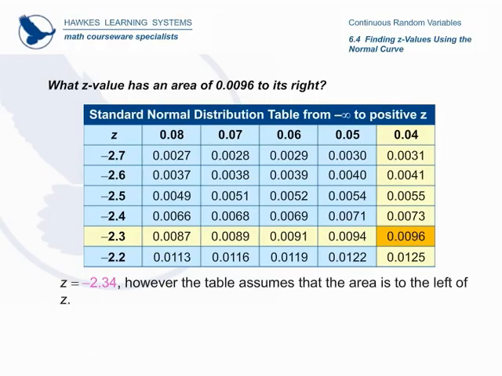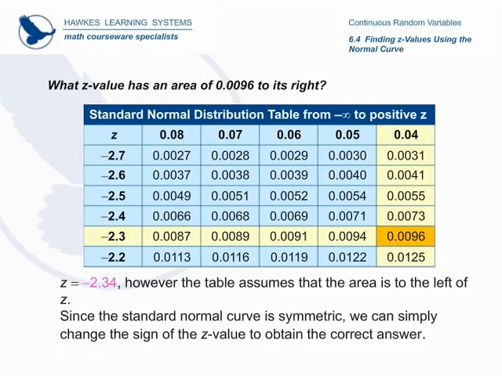However, the table assumes that the area is to the left of the z. And since the standard normal curve is symmetric, we can simply change the sign of the z-value to obtain the correct answer. So our z-value would be 2.34.